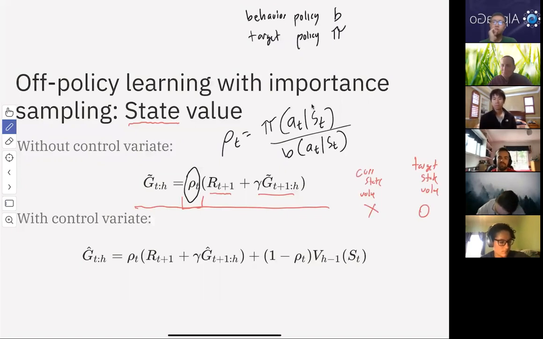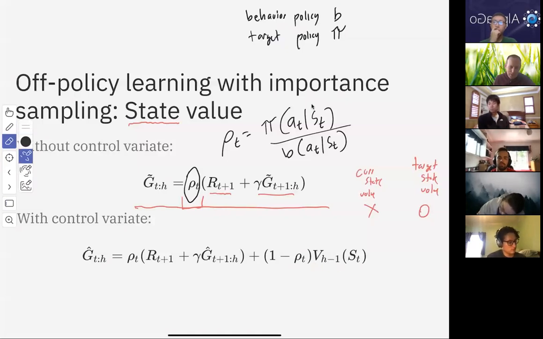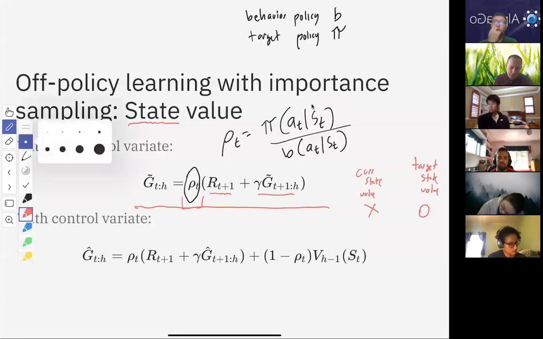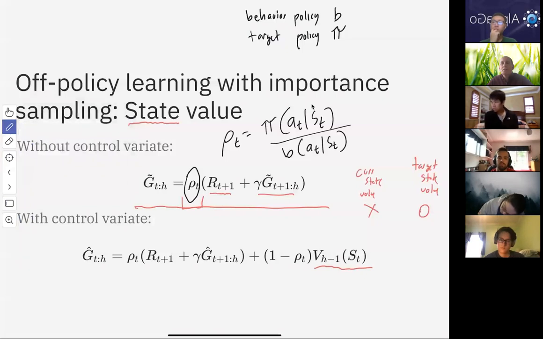Well, that seems kind of extreme, to say it's 0. Because another thing we might say is, if we don't know what it is, let's just use our current estimation of it, our current value function for that state.